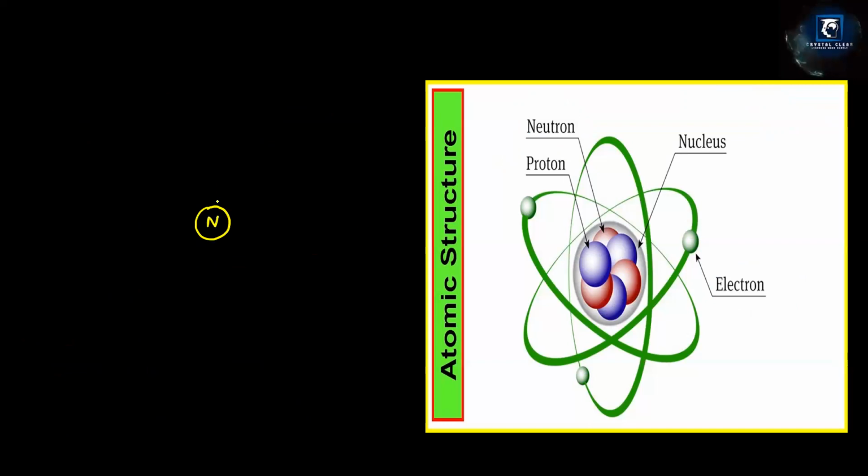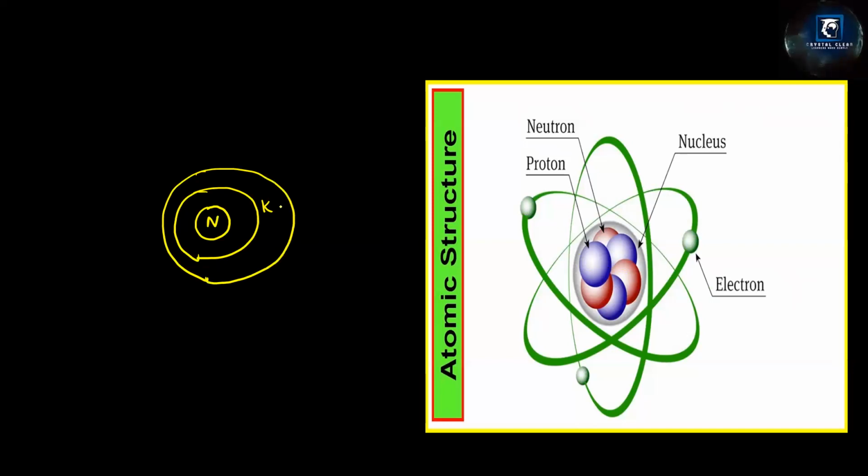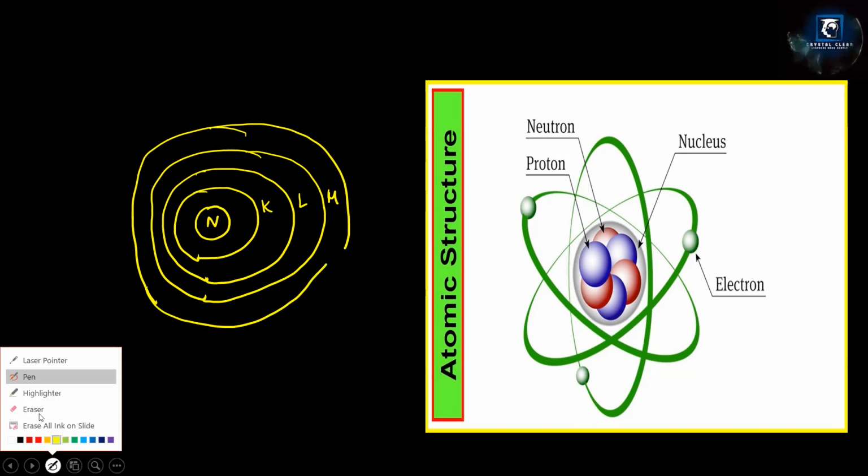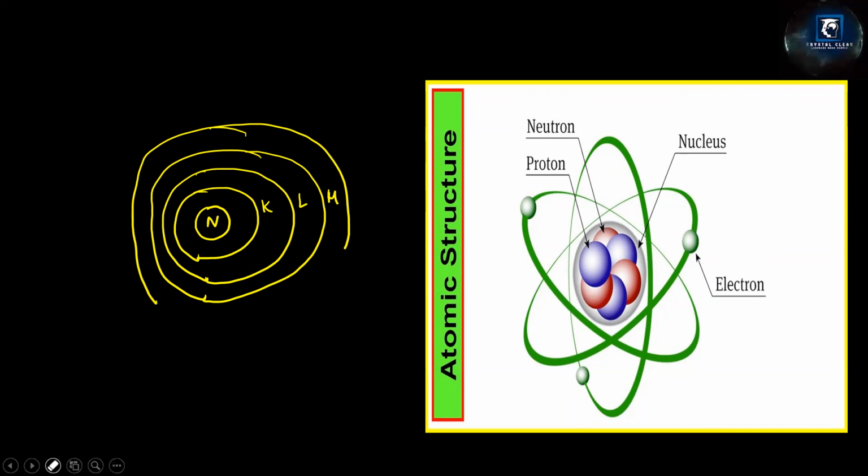Now the nucleus is there. According to Bohr's model of an atom, this shell we call the K shell. Next to the K shell will be the L shell. Next to the L shell will be M, and then N.